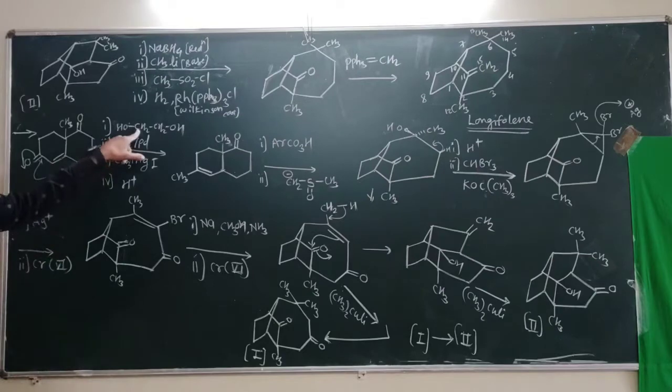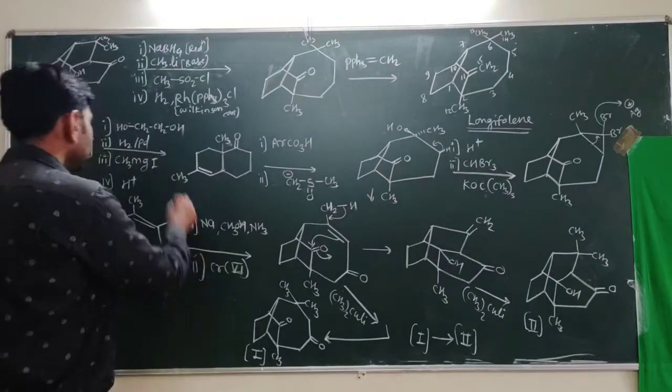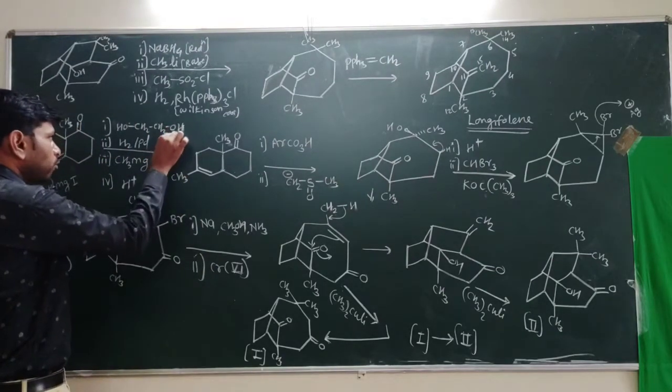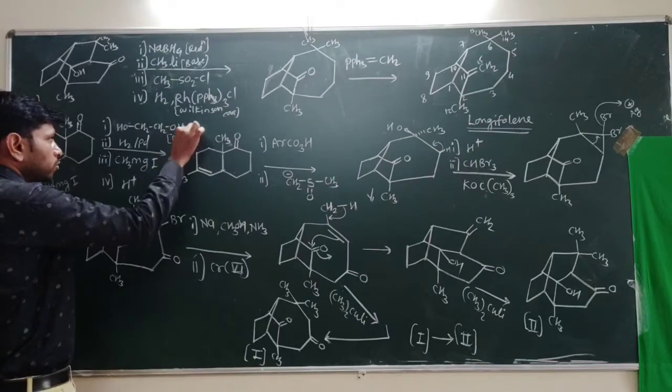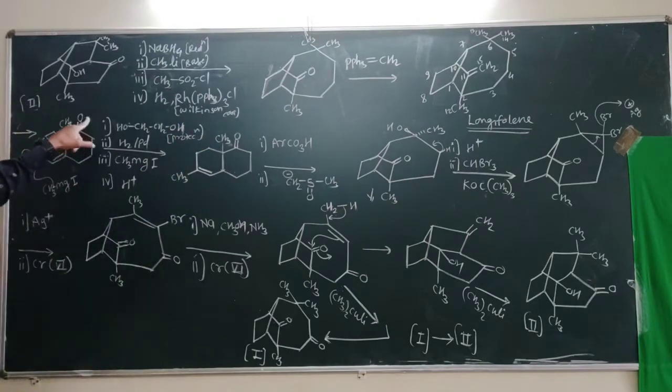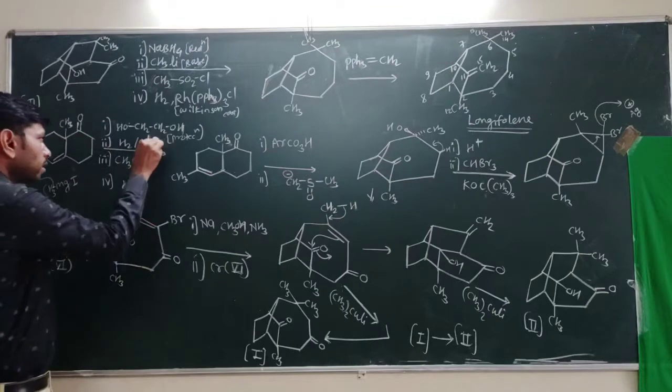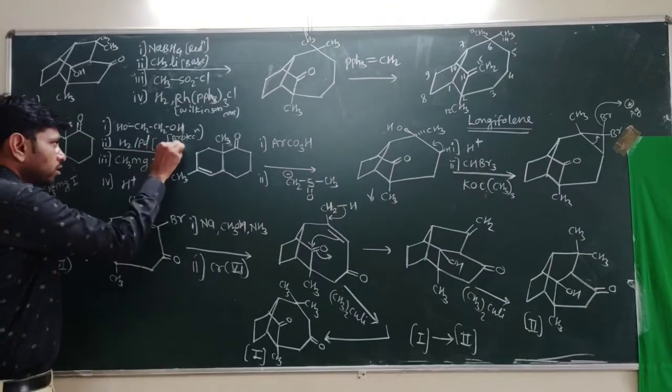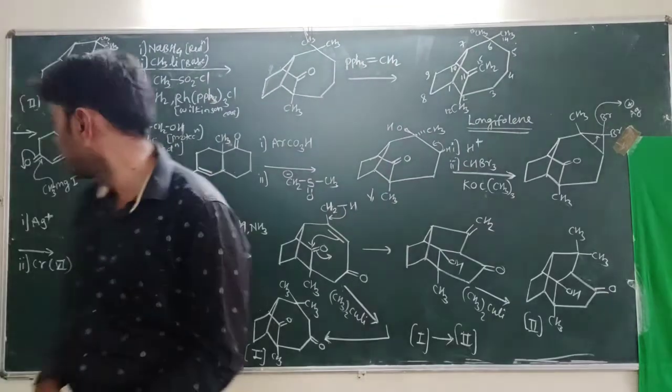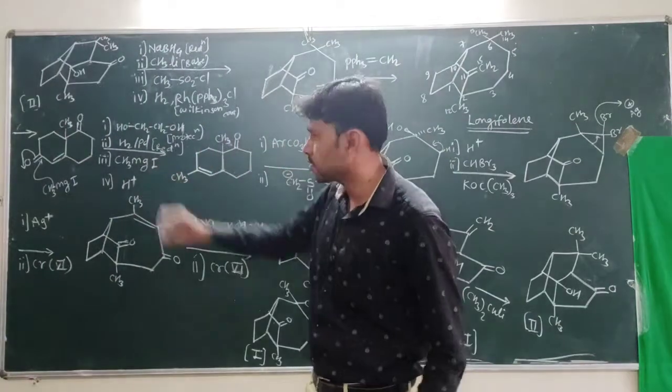So in the first step, we have utilized diol. What is the function of this diol? It is for protection purpose, protection of the carbonyl group. Then H2, Pd is for reduction of the double bond. What is CH3MgI?